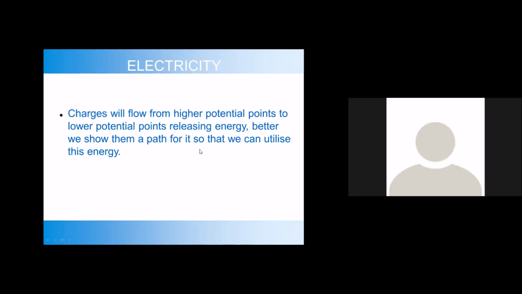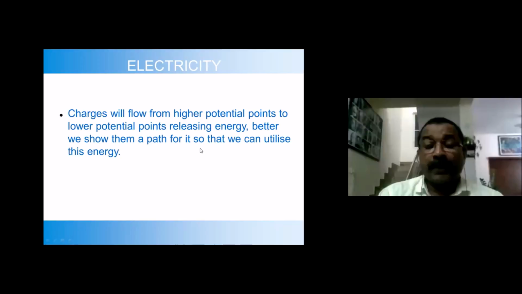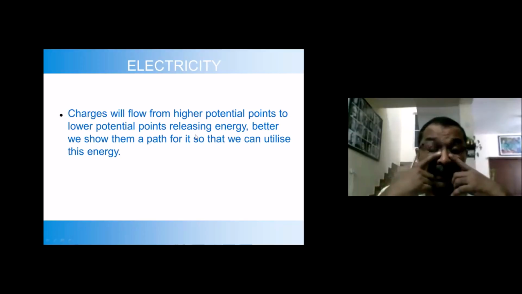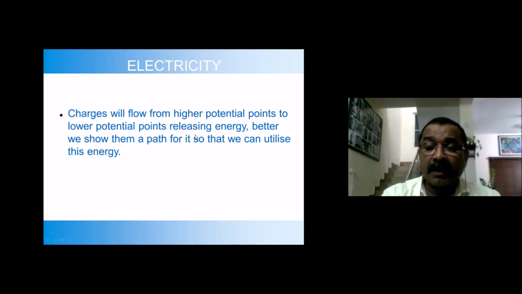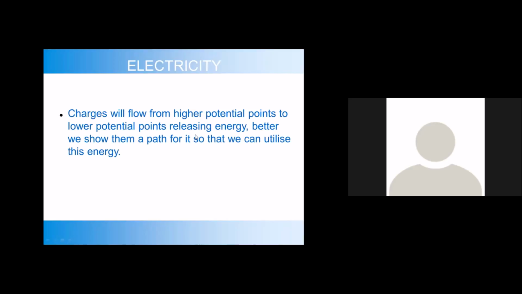Yes, sir. That is what we are doing. In any case, wherever we are utilizing the energy, we are doing in this way. But how is the voltage of an equipment calculated?